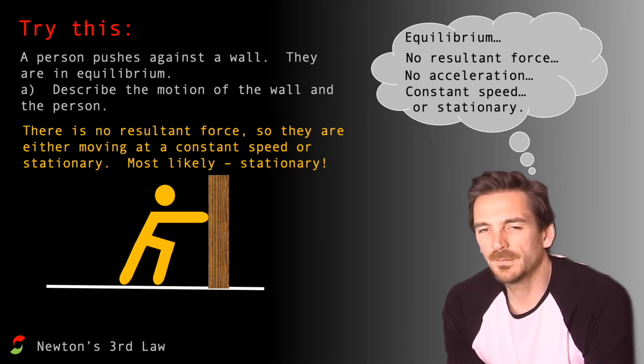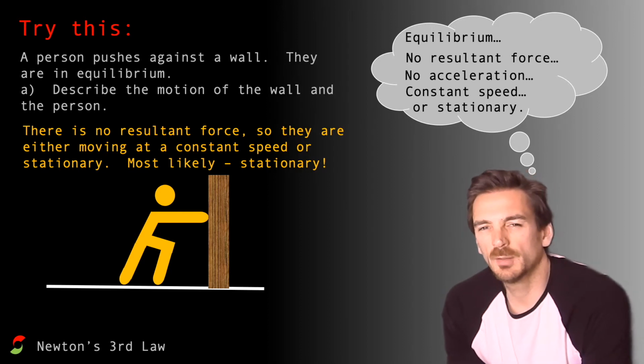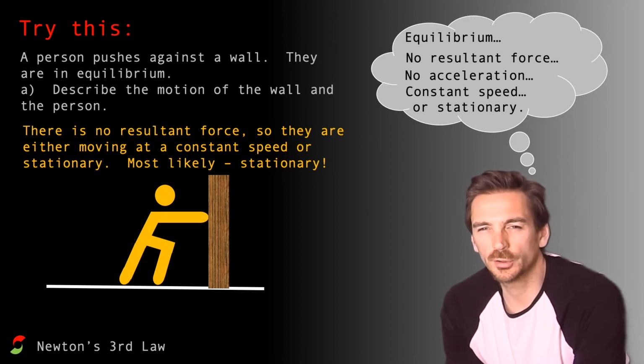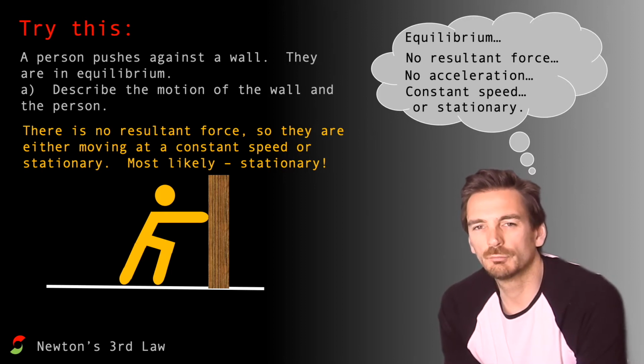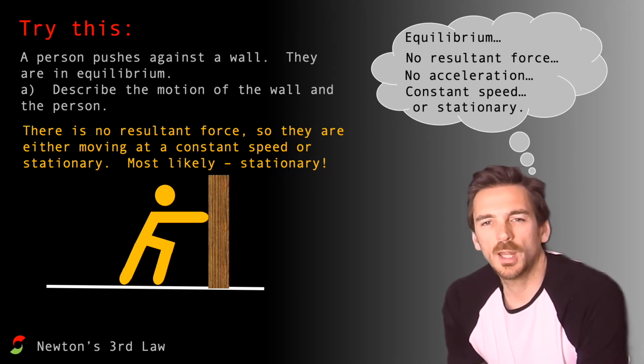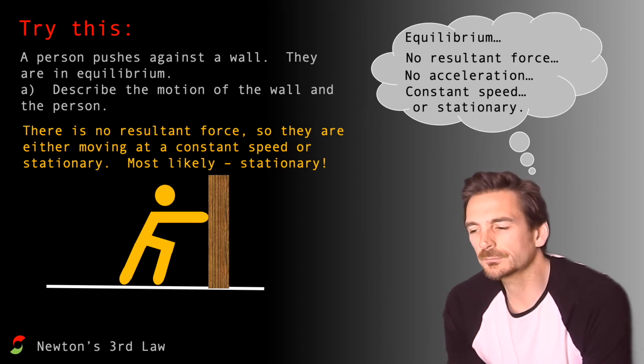So if there's no resultant force, this person is either moving at a constant speed or stationary, but it's more likely to be stationary because they're pushing against a wall. You don't normally see people and walls moving at constant speeds. So they're likely to be stationary due to Newton's first law.